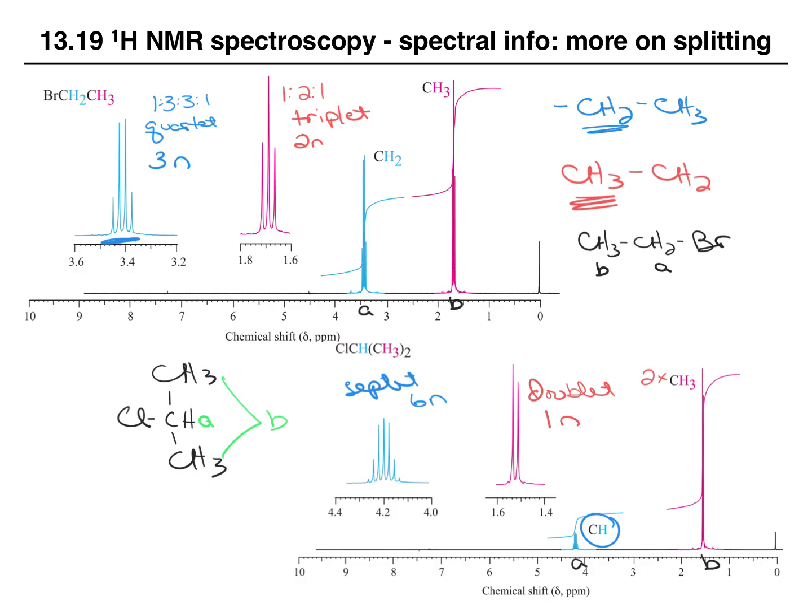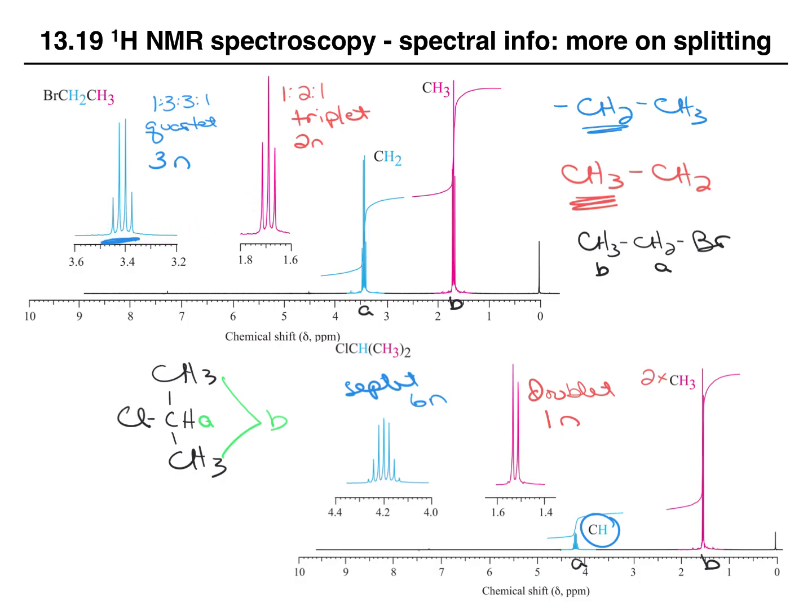Another feature that is important is about the size of the splitting. So the spacing between these 2 peaks is the same as this spacing is the same as this spacing, but it's also the same as this, which is the same as this. Now that spacing is not the same for every single set of hydrogens, but it is the same spacing within a regular pattern, a triplet, a quartet, a pentet, and that gap is the exact same between the 2 signals that split each other.